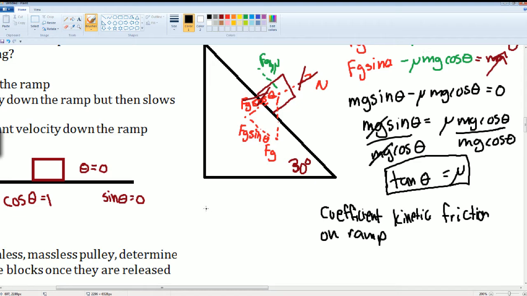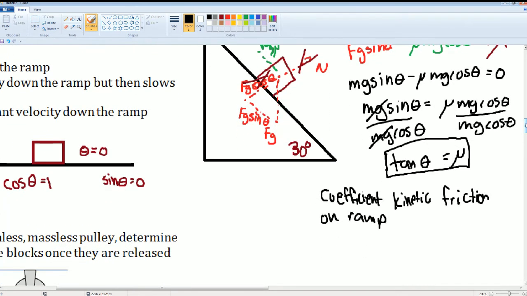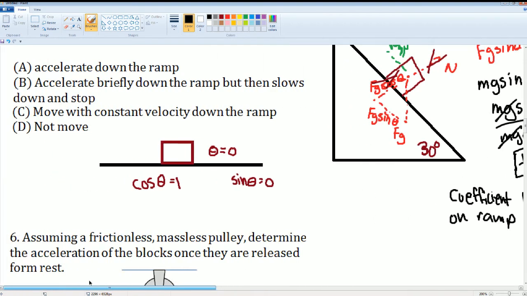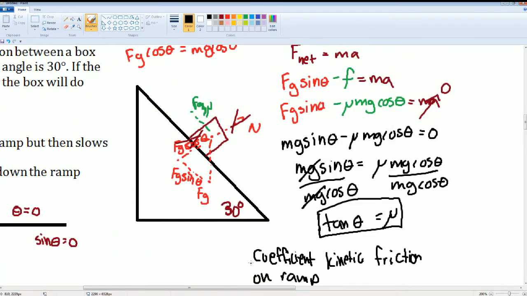So you could actually just plug it in. So the force of friction is... oh, this is when it balances out. It balances out, but here you want to see what happens.